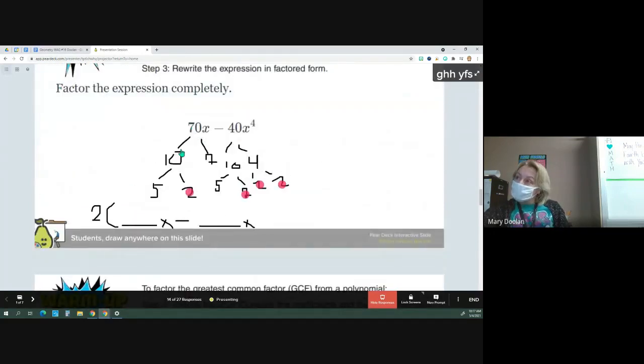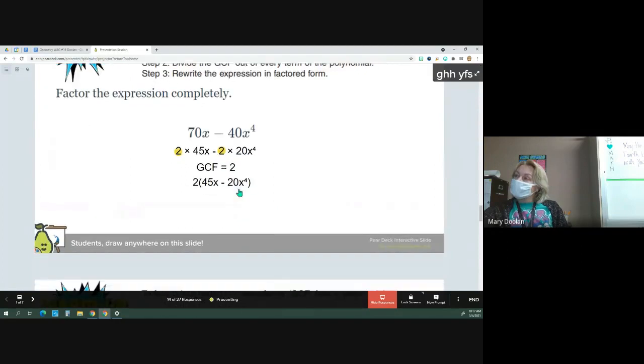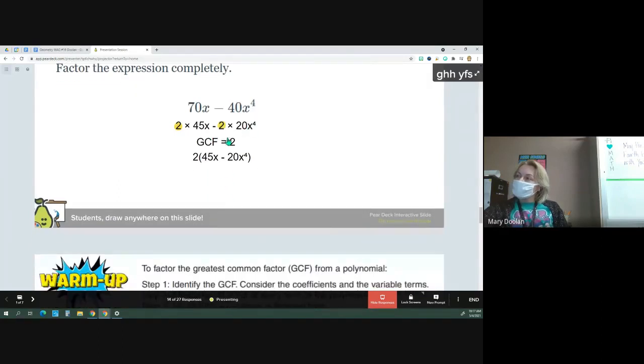Here we did some factor trees, figured out that, hey, 5 times 2 times 7 and 5 times 2 times 2 times 2, they both have a 2 in common. Maybe, yes, but they also have a 5, right? So here we have the 2 that they have in common being factored out. Again, one of those ones that's not incorrect, it's just incomplete.